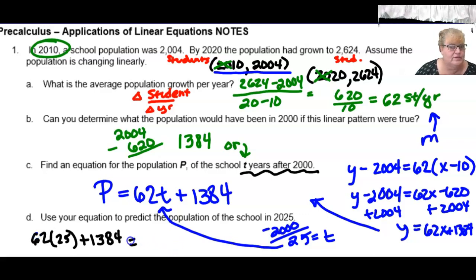I got 2,934 students would be present in 2025. Okay? That's basically the idea of the whole lesson today, with a couple little weird exceptions.